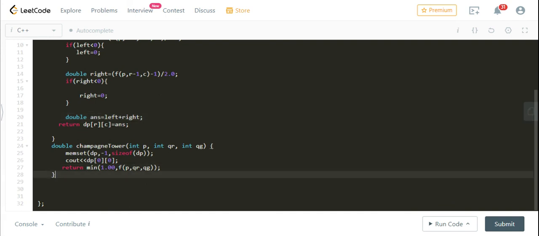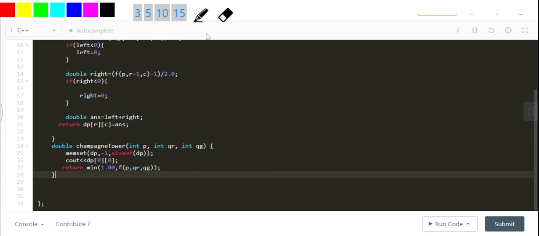Why have I written this min 1 and the recursive function? So actually we need to do this, since, let's say, if we have a lot of pouring to do. Okay, let's say if this is my champagne glasses, I just have two rows, right? And if I give you 15 glasses, what will I do with 15 glasses, right? At some point, how many do I need?